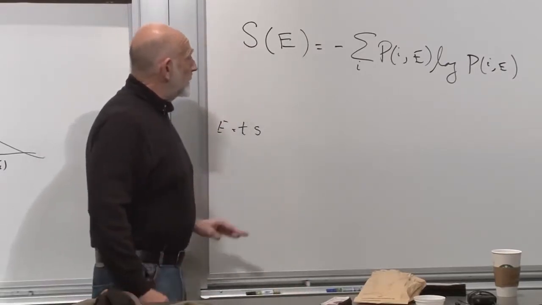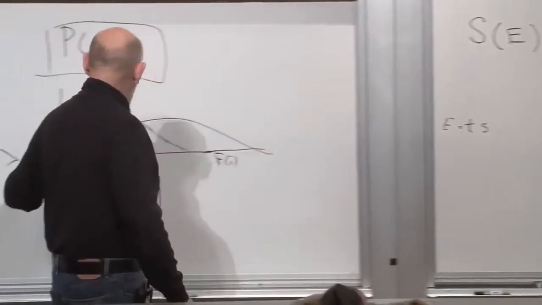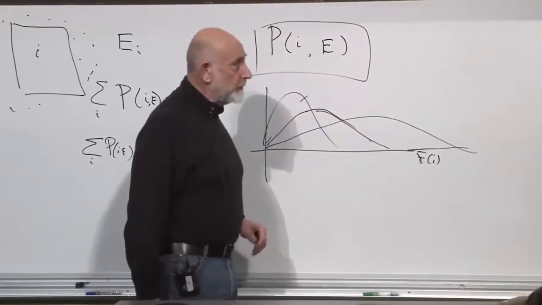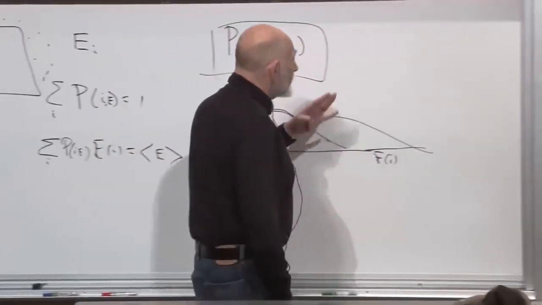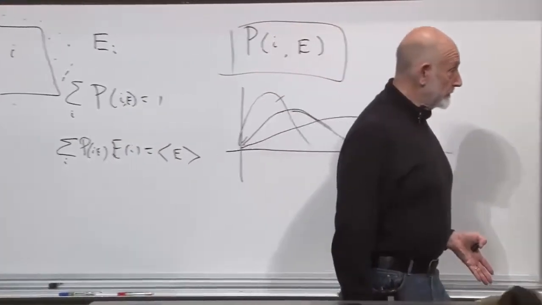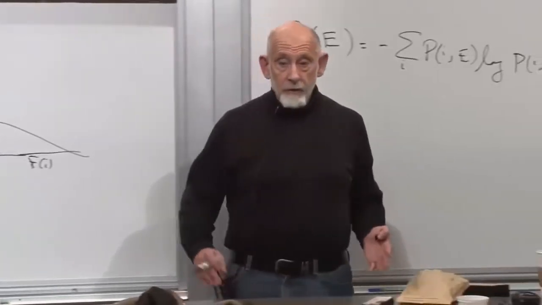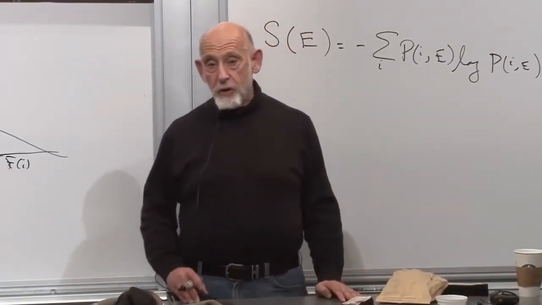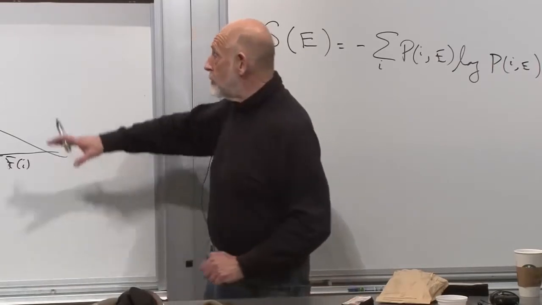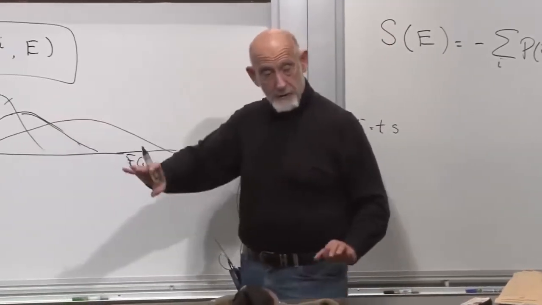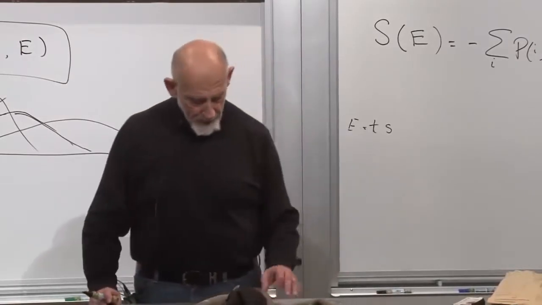The entropy, which is a feature of a given probability distribution, now becomes a function of the energy, because for each energy we have a different probability distribution. So that tells us that there's a connection between entropy and energy if we know this one parameter family. And as I said, we'll discuss later where that comes from.